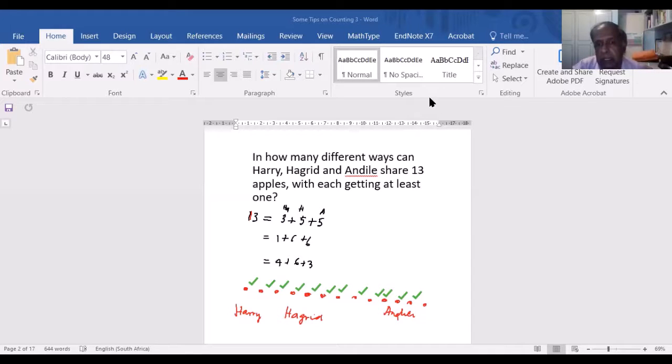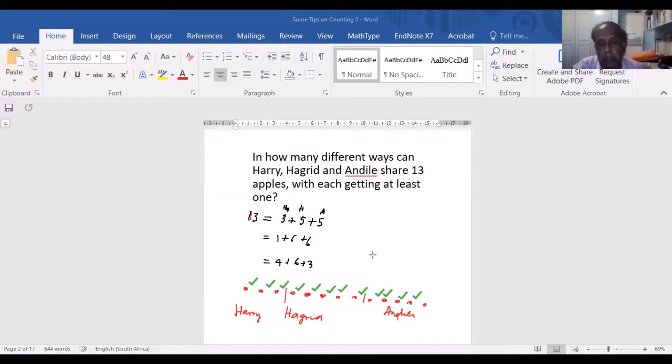And conversely, every time you have a breakup of 13, you really are creating 2 spaces. If I say 3 plus 5 plus 5, for instance, the first one has got this particular spacing. 3 plus 5, see. So that one has got that spacing.